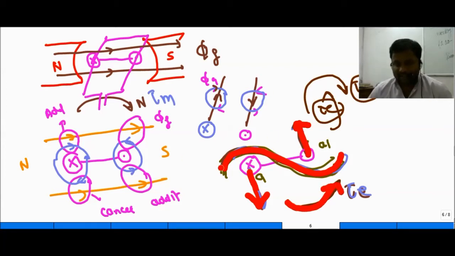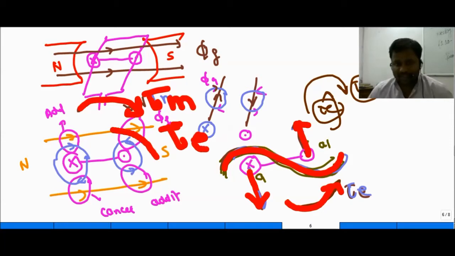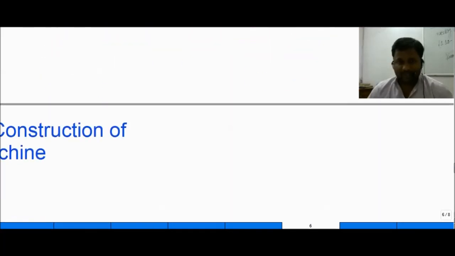All the conductors in this periphery have force in the anti-clockwise direction, but we are giving the force in the clockwise direction. So the magnetic torque and the electromagnetic torque are opposite in nature in this DC generator, which we have already understood.